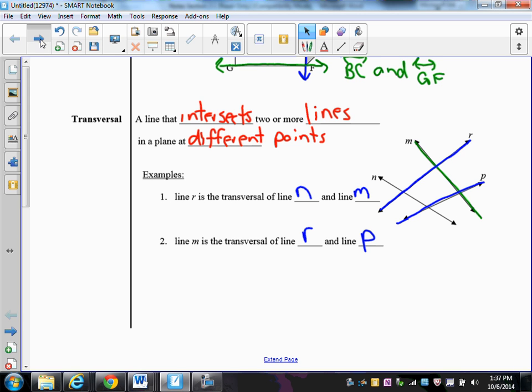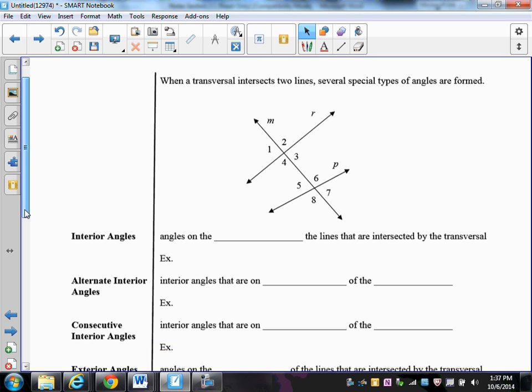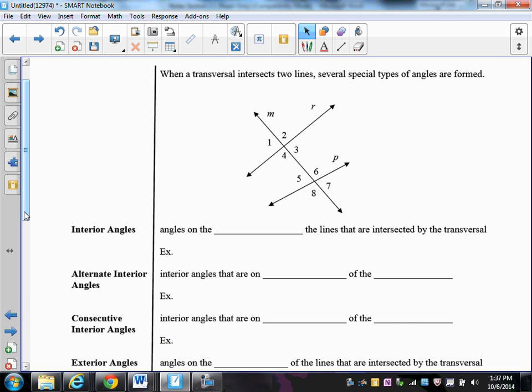Transversals will be one of the most important things because we need to define certain types of angles, and we'll continue to do this throughout the unit. It says when a transversal intersects two lines, several special types of angles are formed. So we have line M is the transversal.